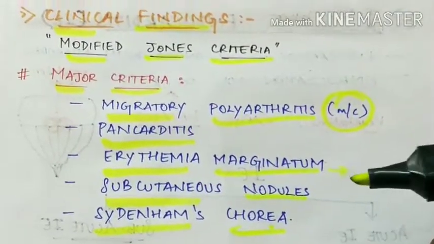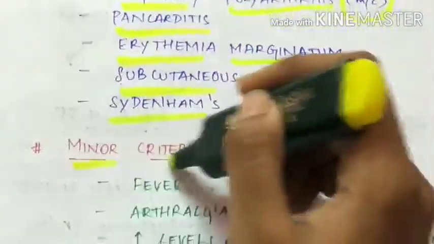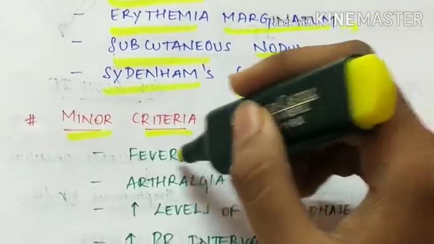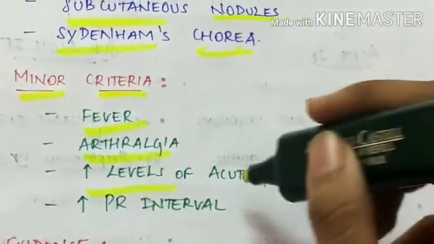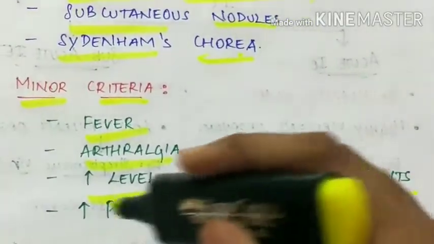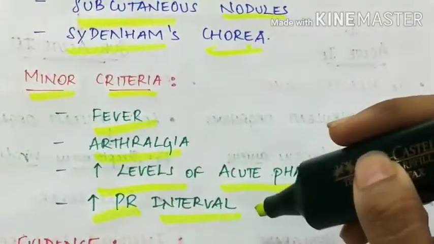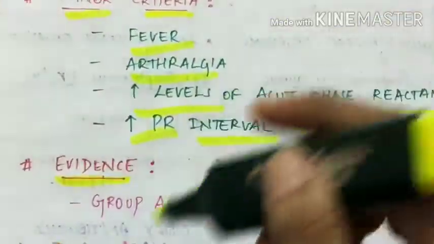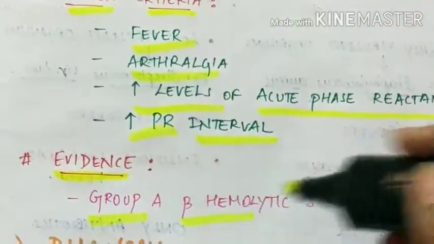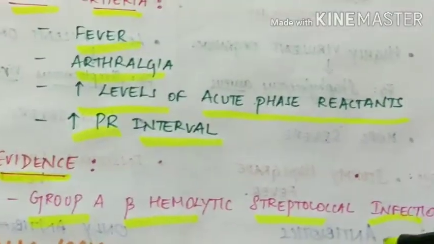Next, minor criteria. They include fever, arthralgia, increased levels of acute phase reactants, and prolonged PR interval. The third is evidence of group A beta hemolytic streptococcal infections.